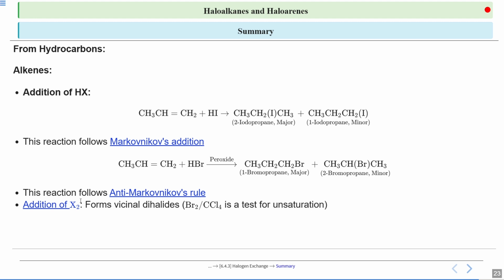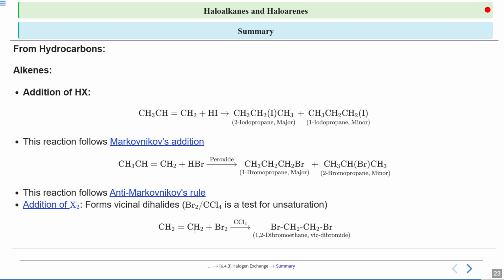Next is the addition of the halogen molecule. When you add halogen molecules to alkenes, they form vicinal dihalides, and Br2 in CCl4 is a test for unsaturation of the reactant, the alkene, because it discharges the color of the bromine solution when you add it to the alkene in CCl4. In this reaction of a halogen molecule with an alkene, you get a vicinal dihalide, where the two halogens are attached to adjacent carbons in the molecule.